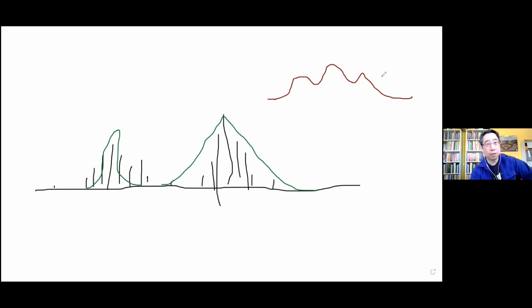So actually, I left out additional parameters, because in addition to this, you have a constant for each of these distributions. So you have a mean, a standard deviation, a covariance matrix, and a weight associated with each of the distributions. So you could say 5% of the population belongs to distribution 1, and 95% belongs to distribution 2. So there's a lot of parameters.